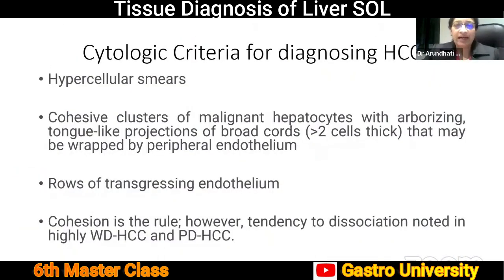So the diagnostic criteria for hepatocellular carcinomas are basically hypercellular smears with clusters of hepatocytes that are arranged as arborizing tongues that are more than 2 cells thick. We often see rows of transgressing endothelial cells with pseudoacini formation.